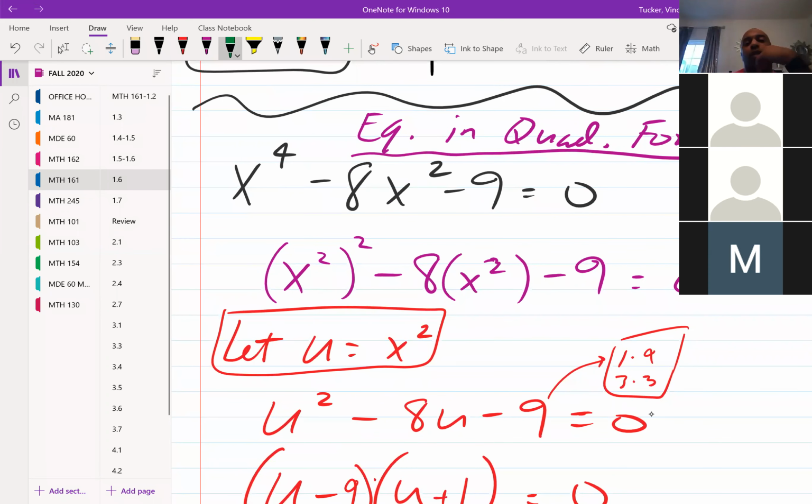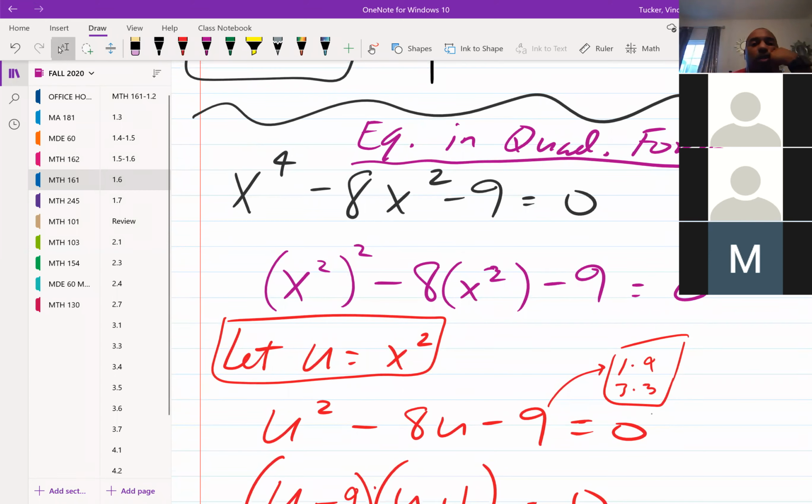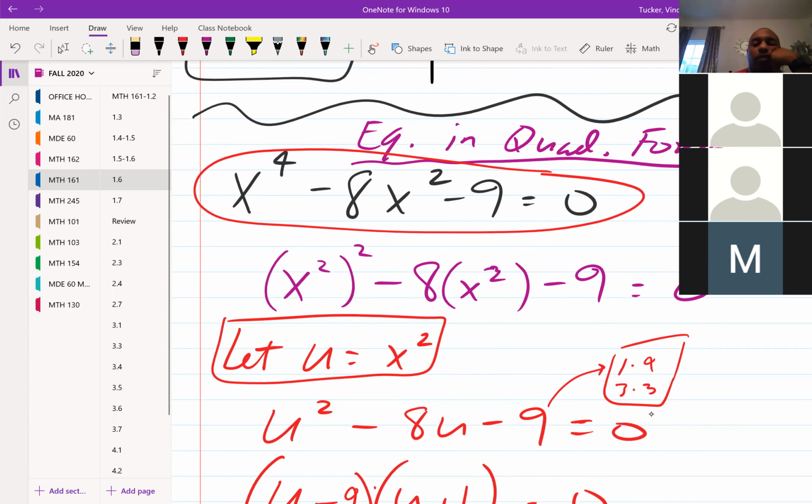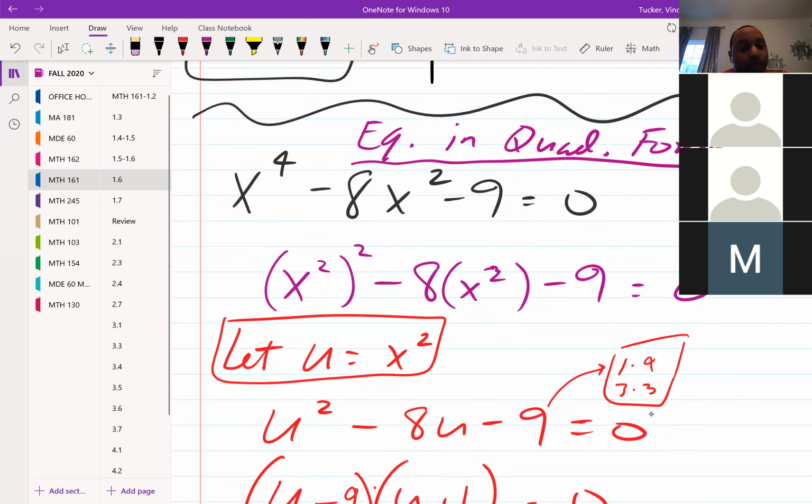So this next type of equation is having the equation in quadratic form. Looking at our original equation, we have x to the fourth minus 8x squared minus 9 equal to 0. What does it mean for an equation to be in quadratic form?